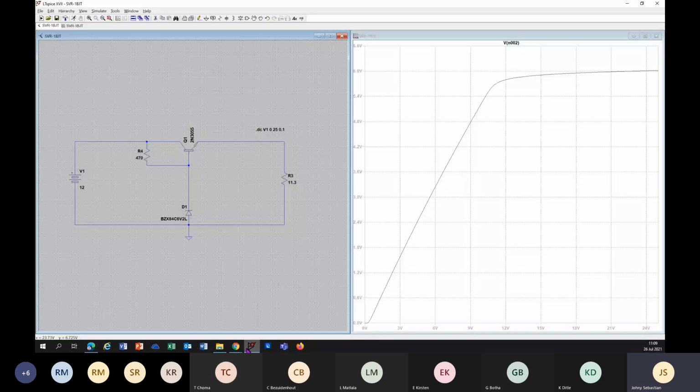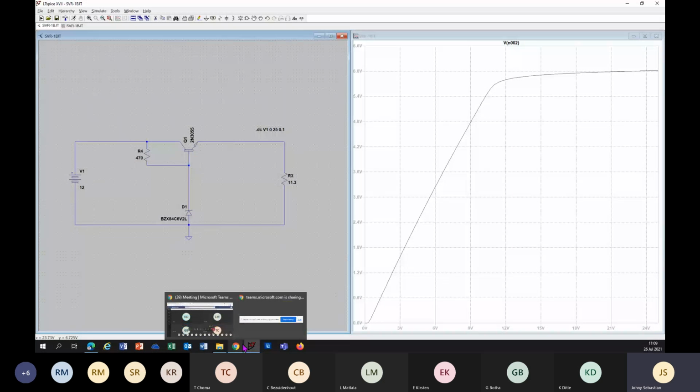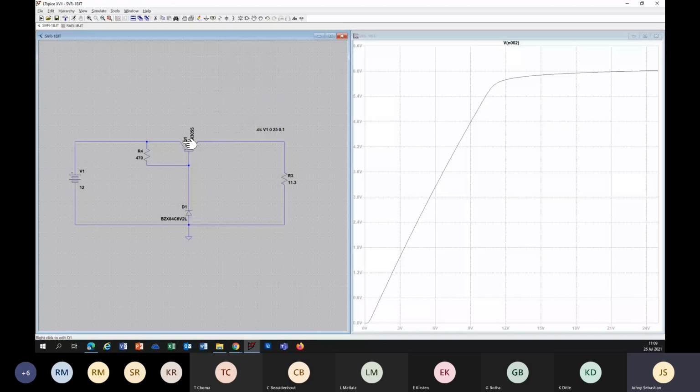This is the same series voltage regulator that we worked out in the last class. A series voltage regulator, BJT, between input and output.